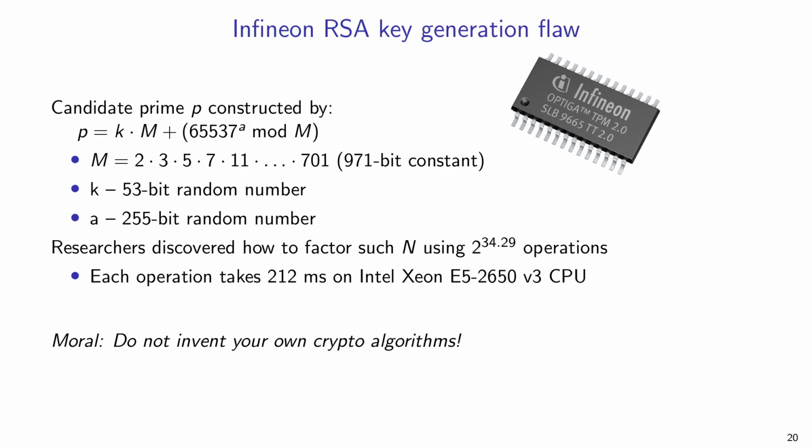Infineon broke this rule, paid some price, but it is not clear whether the industry got the lesson, because we haven't heard of security certification bodies banning the use of homemade crypto. By the way, there were speculations that this might have been an intentional backdoor. But this is unlikely, because there exist more simple and stealthy ways for backdooring RSA key generation.